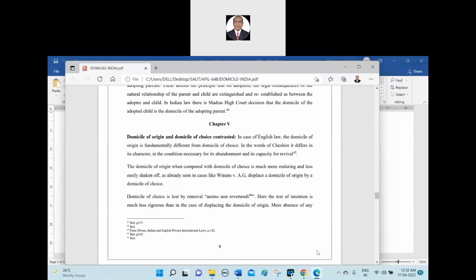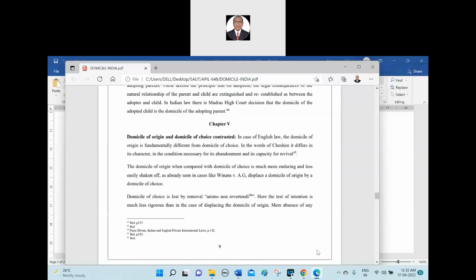At that instance, the domicile of choice, if he's leaving from there, then the origin will revive. If he is still only staying over there, then he cannot get it. Here the test of intention is much less rigorous than in the case of displacing the domicile of origin.